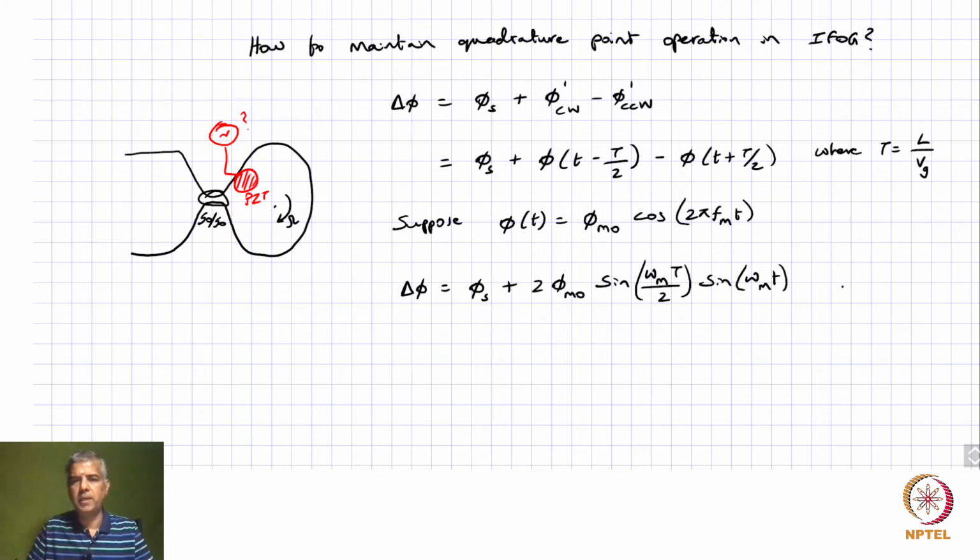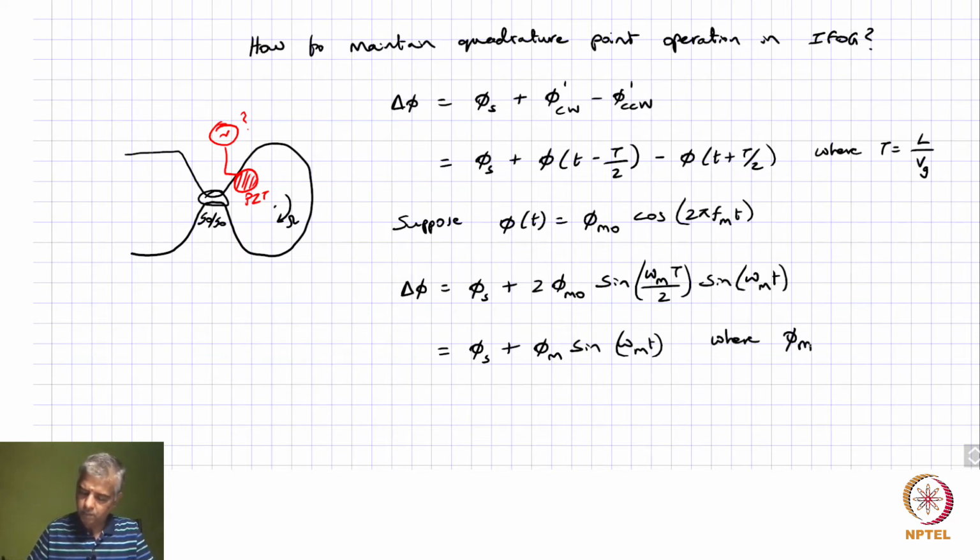You get a 2 sin a sin b term. And this, of course, you can write as phi s plus just some factor phi m sine of omega m t, where phi m corresponds to 2 times phi m naught sine of omega m t over 2, right.